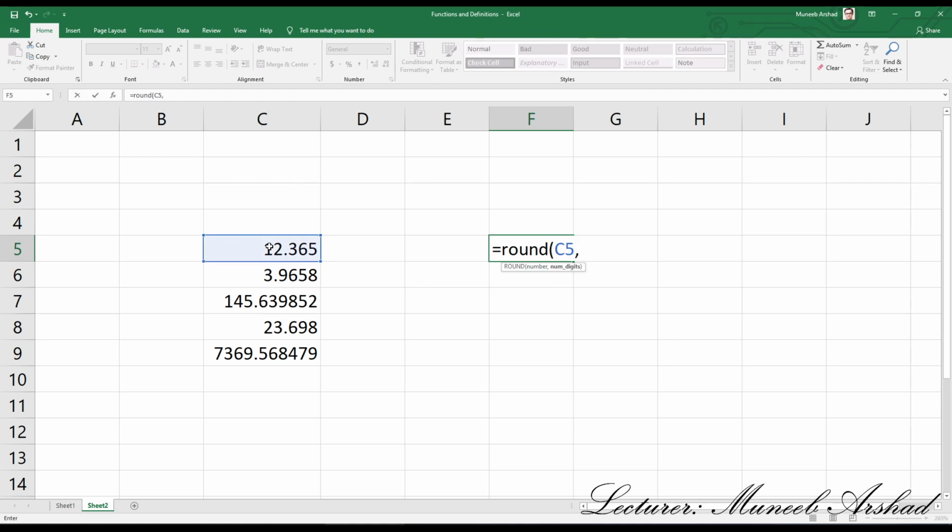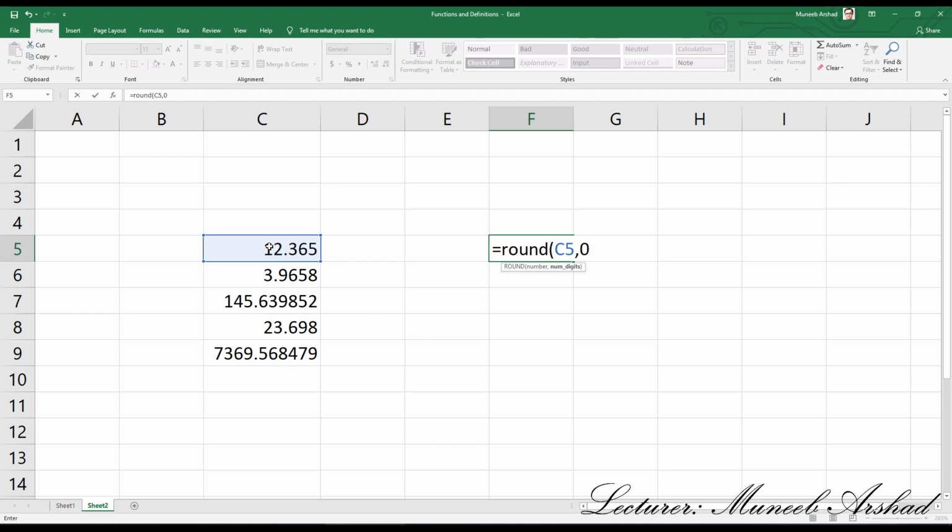You put in a comma, and then you need to specify the second requirement in which you state how many digits you want to round it off to. Let's say if we are to round it off to a whole number, the number of digits has to be 0. 0 means 0 decimal place. When 0 decimal place is stated, it will round it off to a whole number.